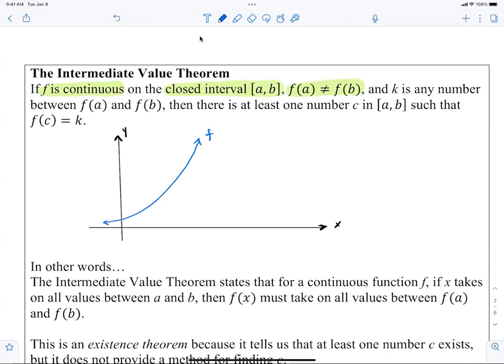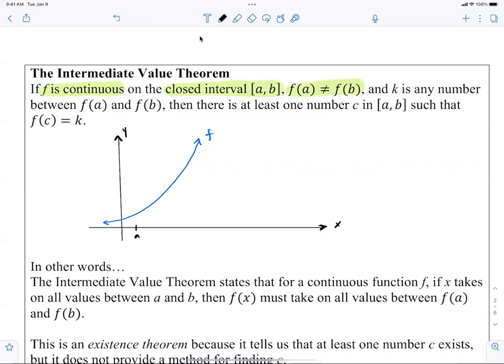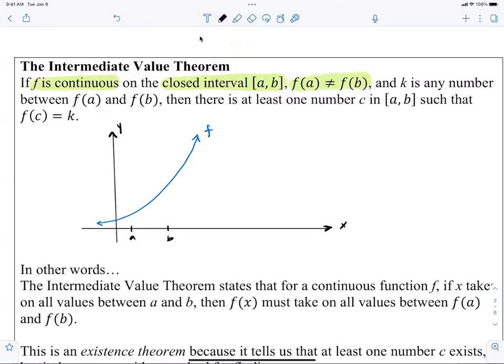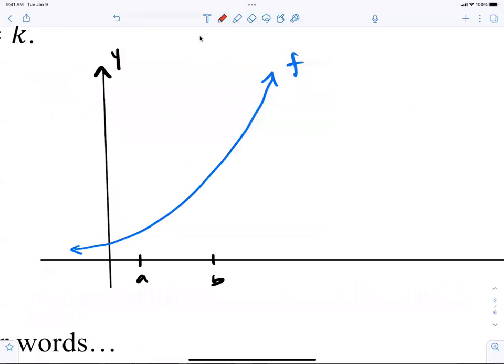Let's say that this is f. And our closed interval will be from A to B. This point would be A comma f of A. This point would be B comma f of B.